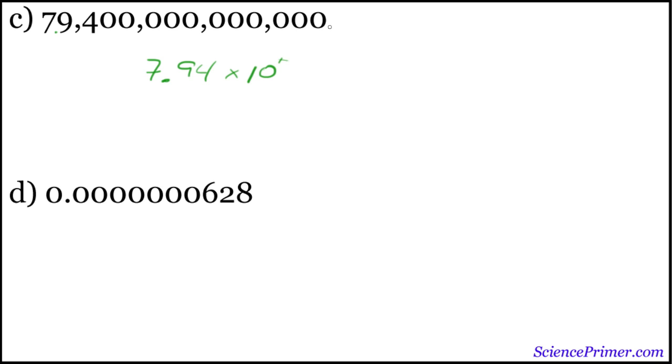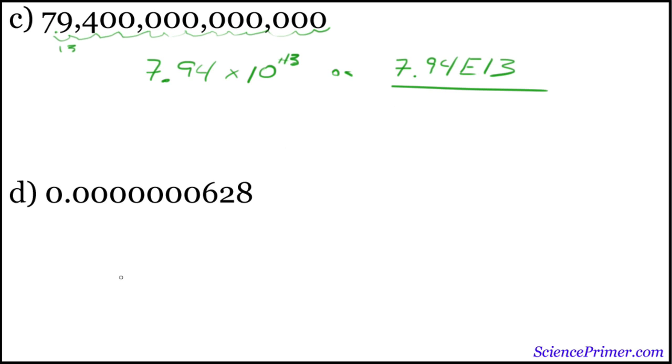And let's count the number of places the decimal place moved. 1, 2, 3, 4, 5, 6, 7, 8, 9, 10, 11, 12, 13. So we've moved it 13 places. So this is a 13. Or in computer format, 7.94E13. So that's the answer.